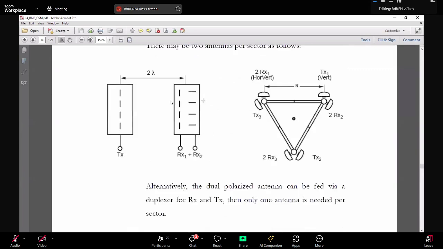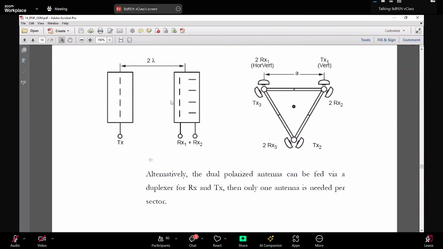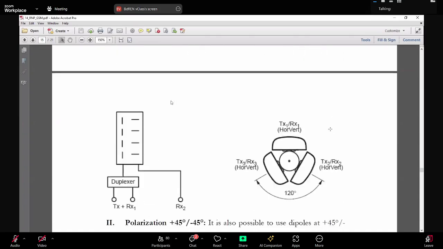Here you have four array elements to form one array, and you have either a transmitting antenna or receive antennas.